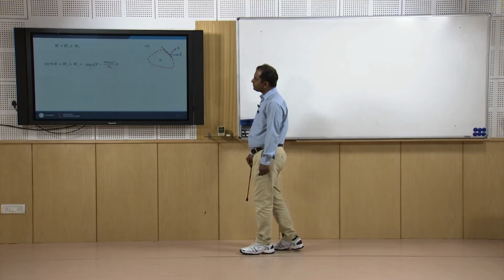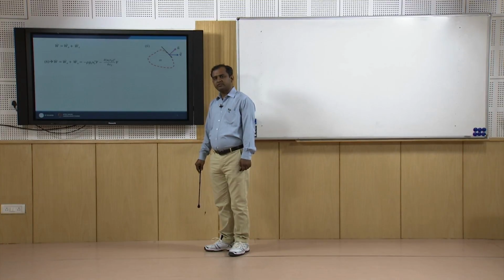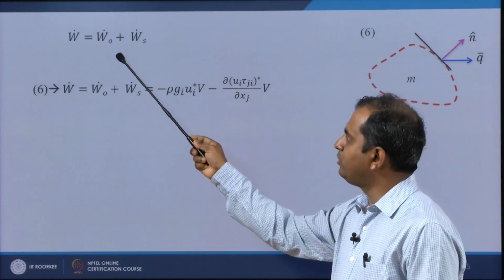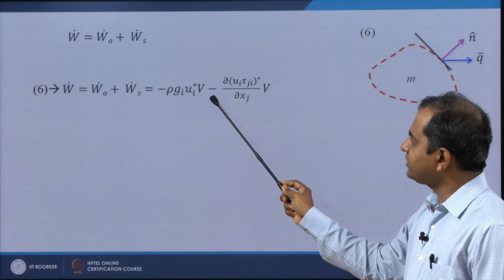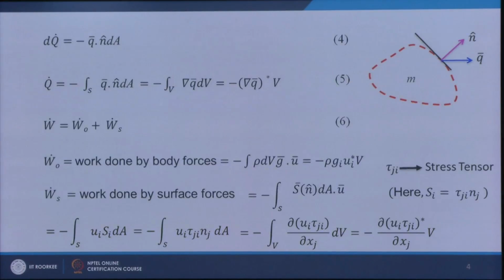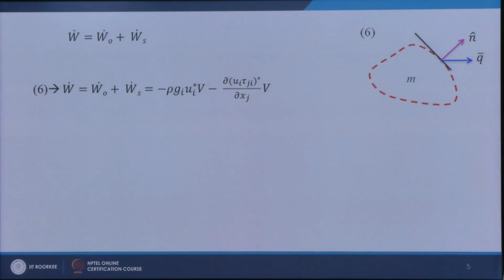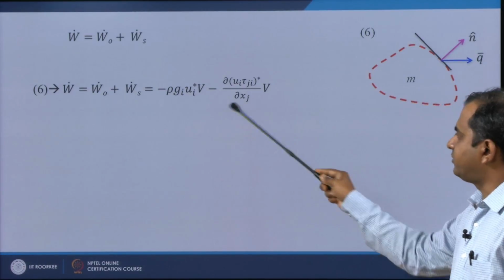Then let us first add both the terms of the body forces and surface forces. W dot, as we have already shown, will be equivalent to W dot B plus W dot S. So, we can just add the previous two terms, this term as well as this term, and you get this minus this. The first one is for the body forces, the second one is for the surface forces.